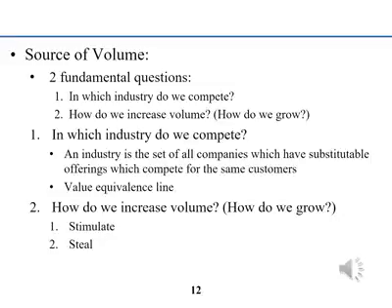Now, if you're having trouble doing that, one way to identify your substitutable offerings is to consider a concept called the value equivalence line. The value equivalence line says that our substitutable offerings typically offer very similar benefits and value to the customer at a very similar price point.